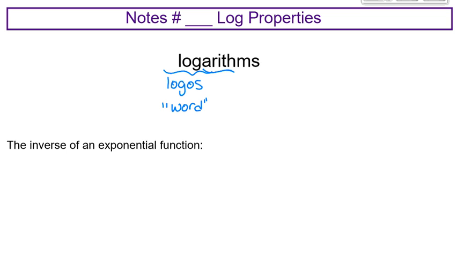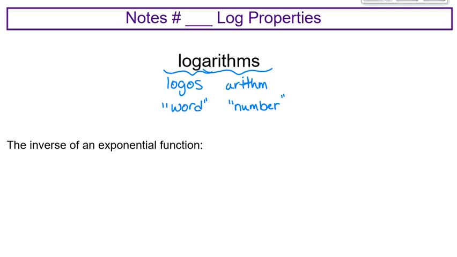And "rhythm," like arithmetic, pretty much means number. So in essence, we just have this scary looking word that just means number word. If you think of it like that, maybe you won't be so scared off by it. We abbreviate it for its symbol. We just say log, L-O-G.